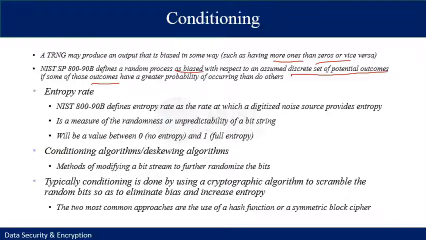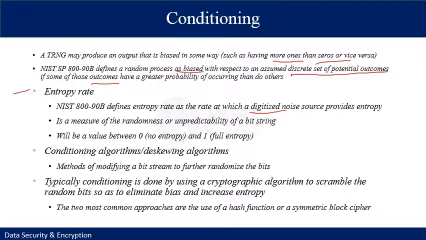For example, if you are using an entropy source or physical source such as electronic noise, it may contain a superposition of regular structures such as waves or other periodic phenomena which may appear to be random. In addition to bias, another concept used by NIST is the entropy rate. NIST defines the entropy rate as the rate at which a digitized noise source provides entropy.